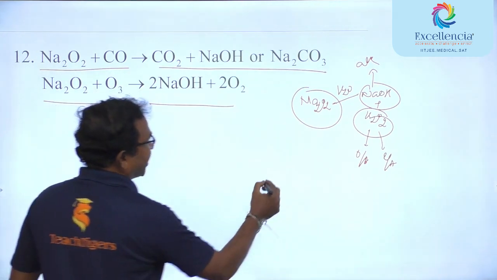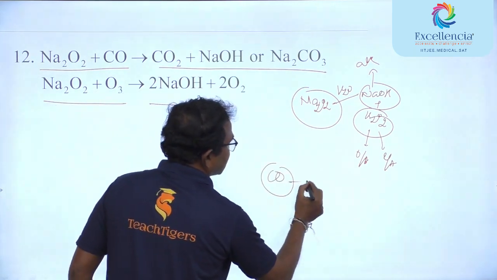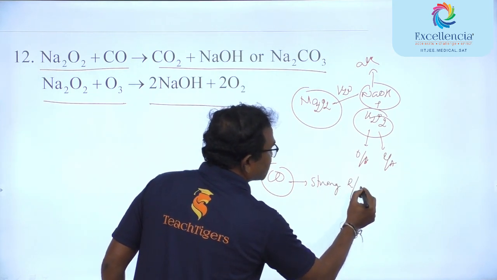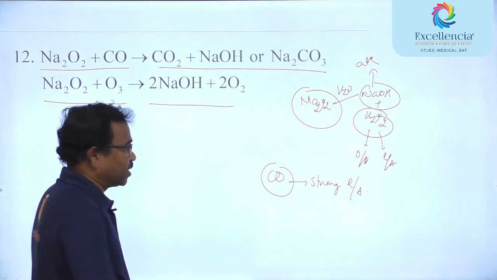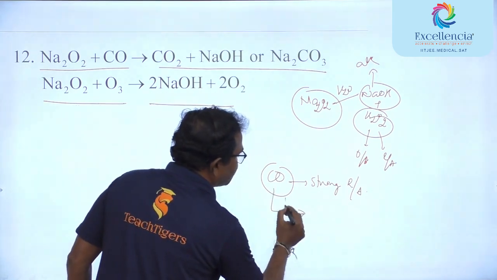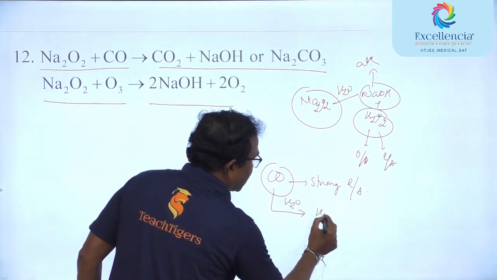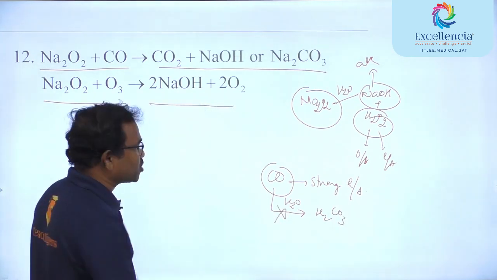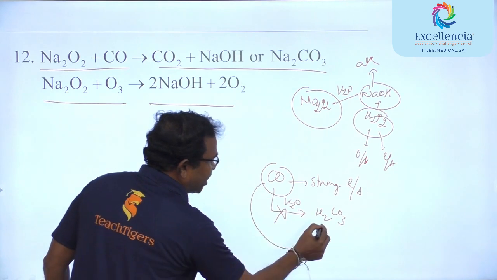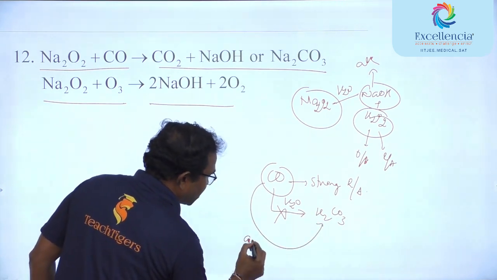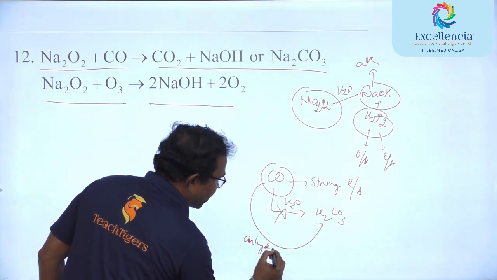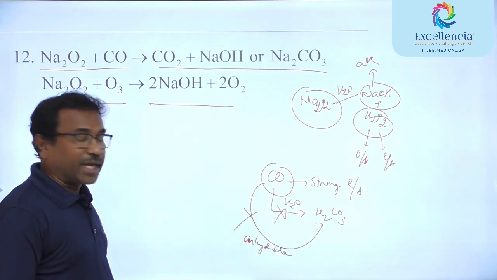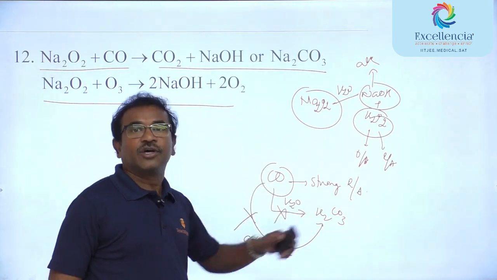However, carbon monoxide is a strong reducing agent. This with water doesn't form H2CO2. I mean to say, carbon monoxide is not the anhydride of carbonic acid. An anhydride should give rise to its oxy acid.